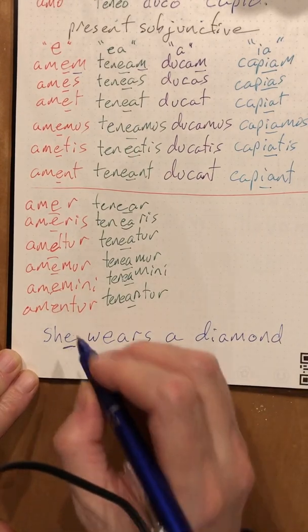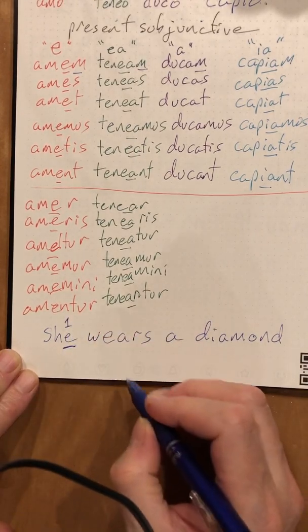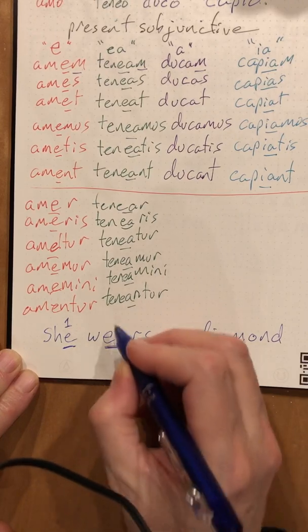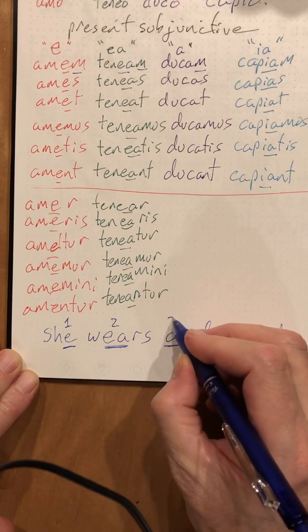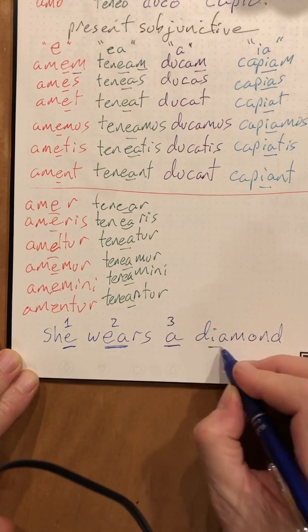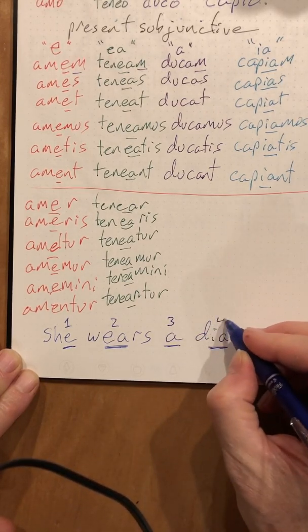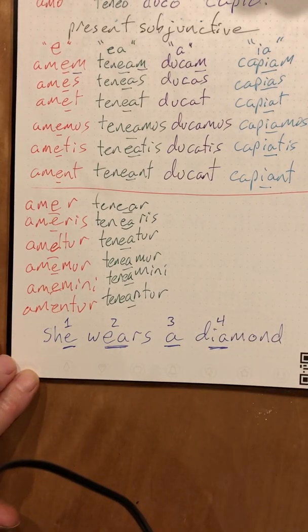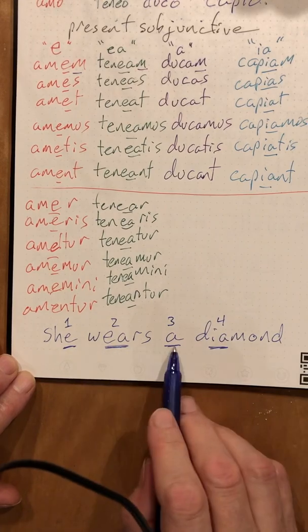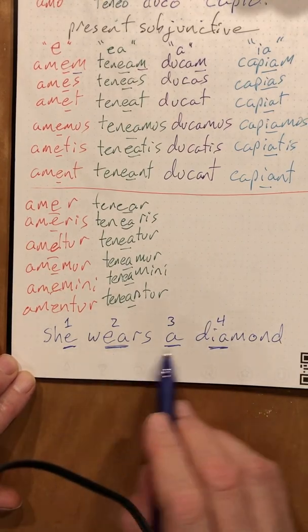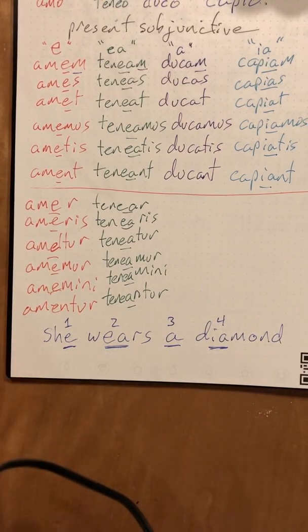She, that's the E of the first. Here's the EA of the second. Here's the A of the third. And here's the IA of the fourth conjugation. And that helps you remember 1, 2, 3, 4: E, EA, A, IA. She wears a diamond.